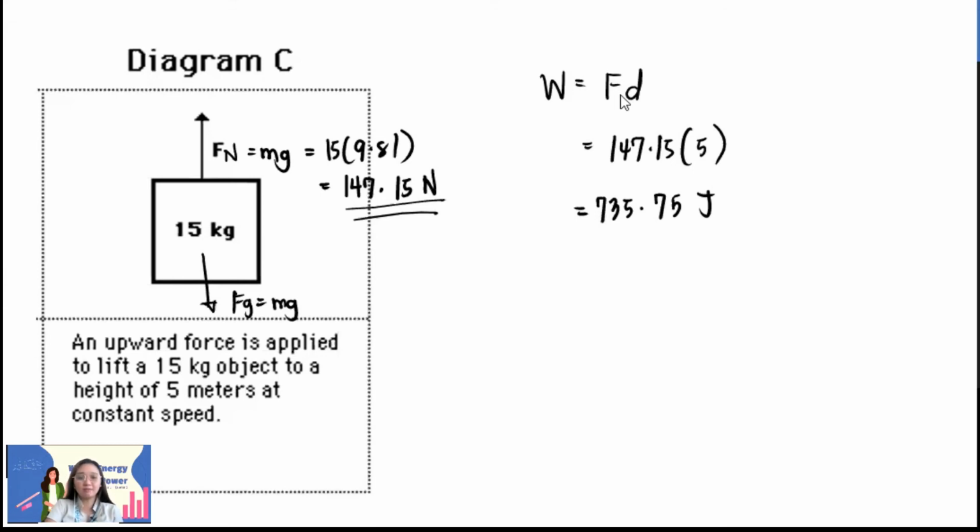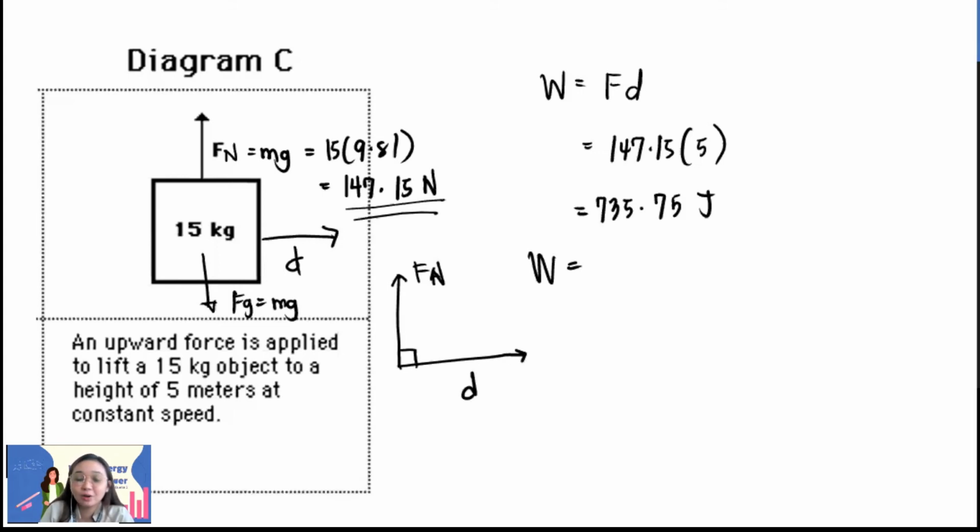Clarifications? Okay, what if the movement of our object is not upward? What if it is displaced to the right? What would be the value of our work? If we graph it, this would be our applied force, or Fn. Then it is displaced to the right. When it is displaced to the right but you apply the force upward, they create a 90 degree angle, so your work done would be equal to 0.